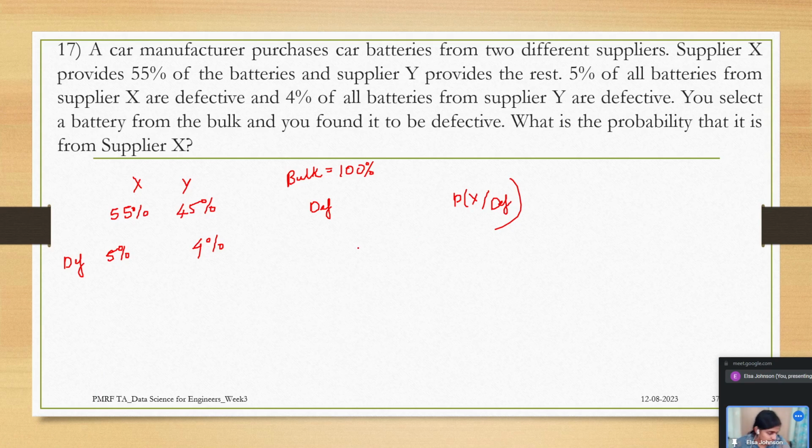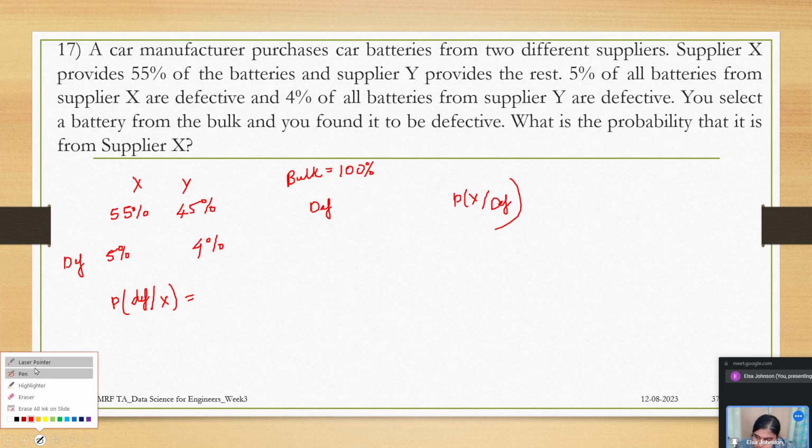So first, what you have to see is the probability of defective given X. First you have to find the probability of defective when the battery is taken from X. Let me come to it another way.